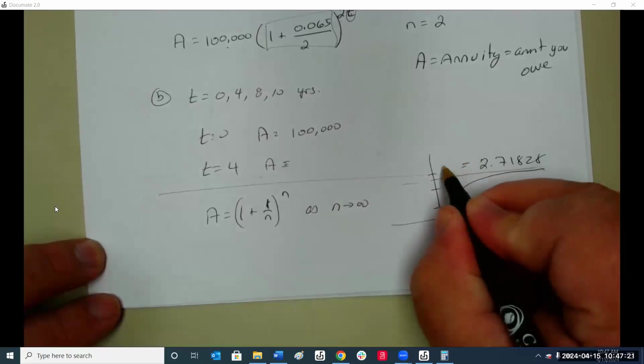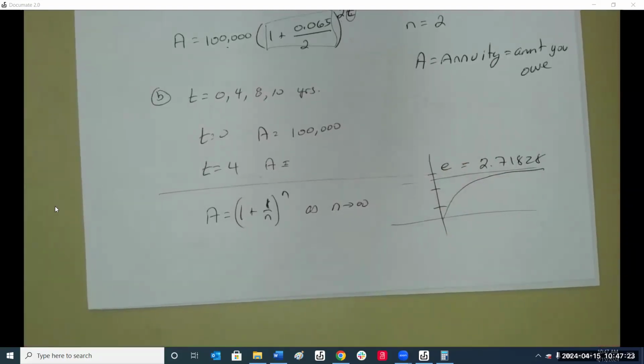We call that number e, the exponential constant. It's used a lot in biology and the physical sciences because that's what we look at when things grow exponentially.